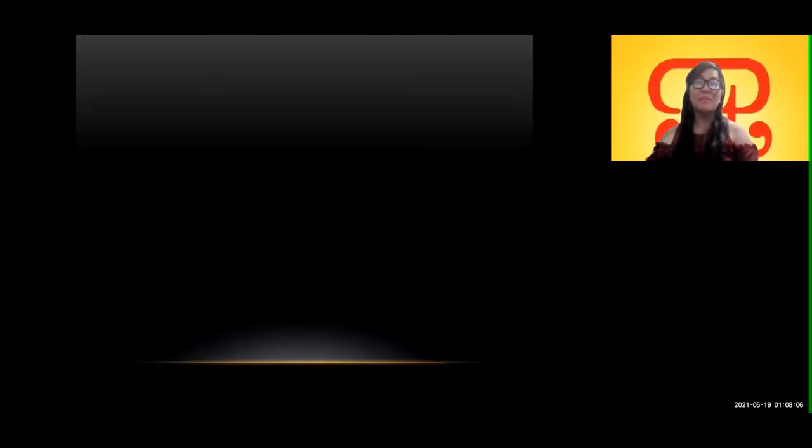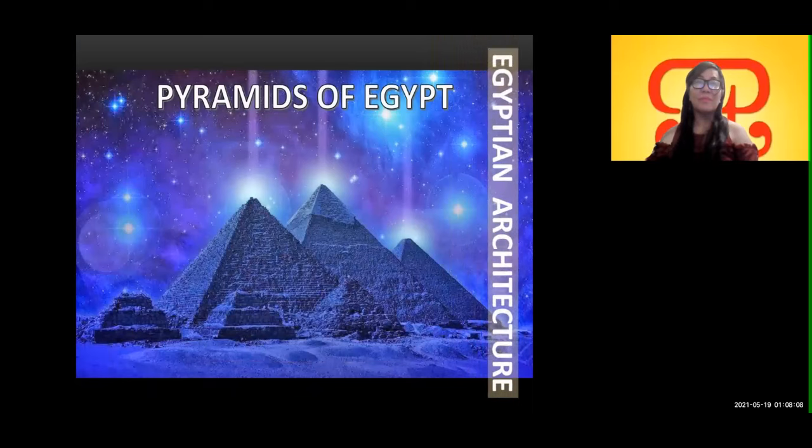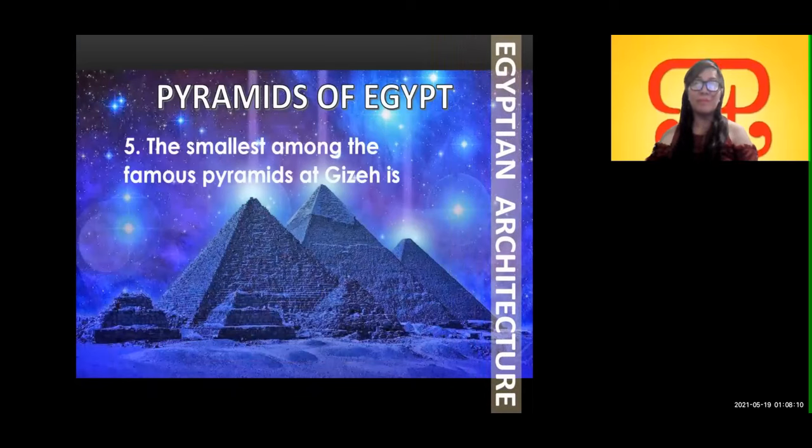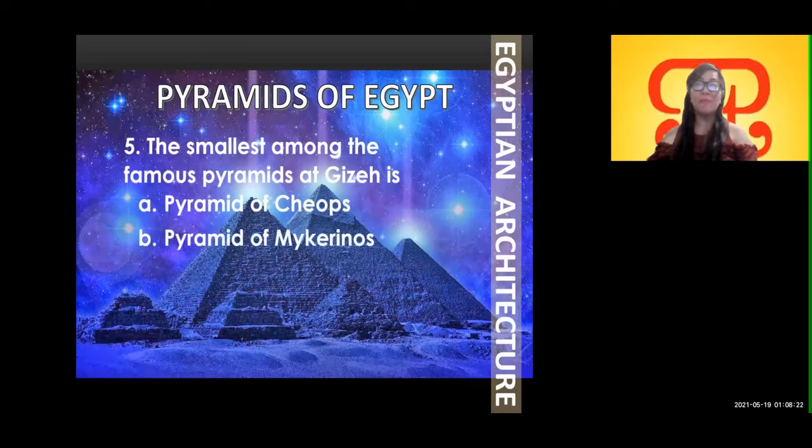Next, number five. The smallest among the famous pyramids at Gizeh is it A, Pyramid of the Cheops? Is it B, Pyramid of Mykerinos? Is it C, Pyramid of King Saucer?